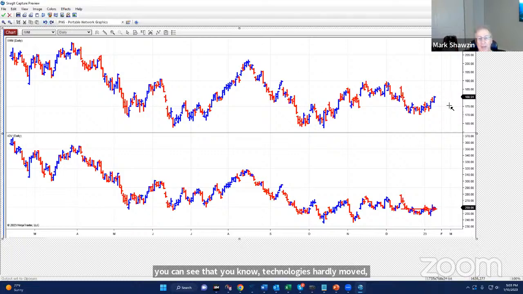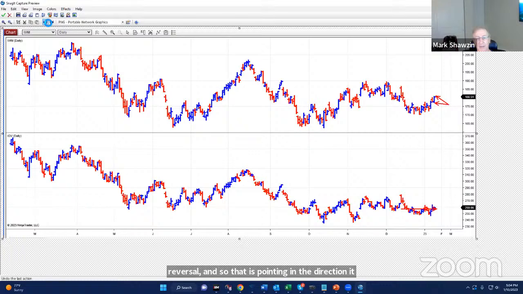And you can see today we had what I call an outside key reversal, where both the high and low took out the high and low of the previous day. So this is a pretty bullish bar where you made a key reversal. And so that is pointing in the direction it wants to go.